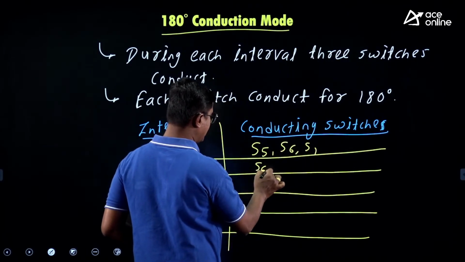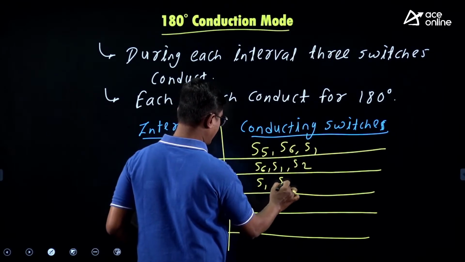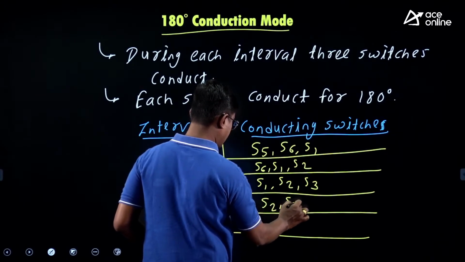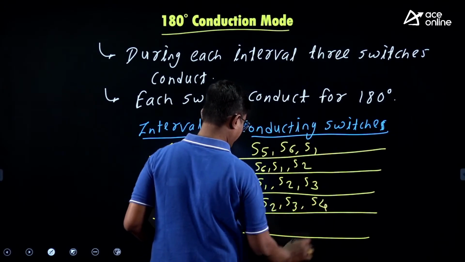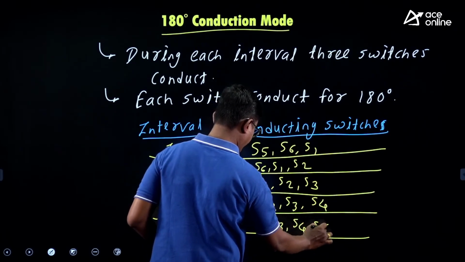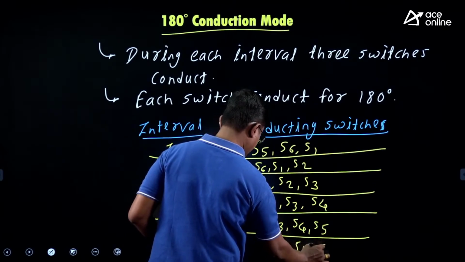Second interval: S6, S1, S2. Next: S1, S2, S3. Then S2, S3, S4. Then S3, S4, S5, and S4, S5 and S6.